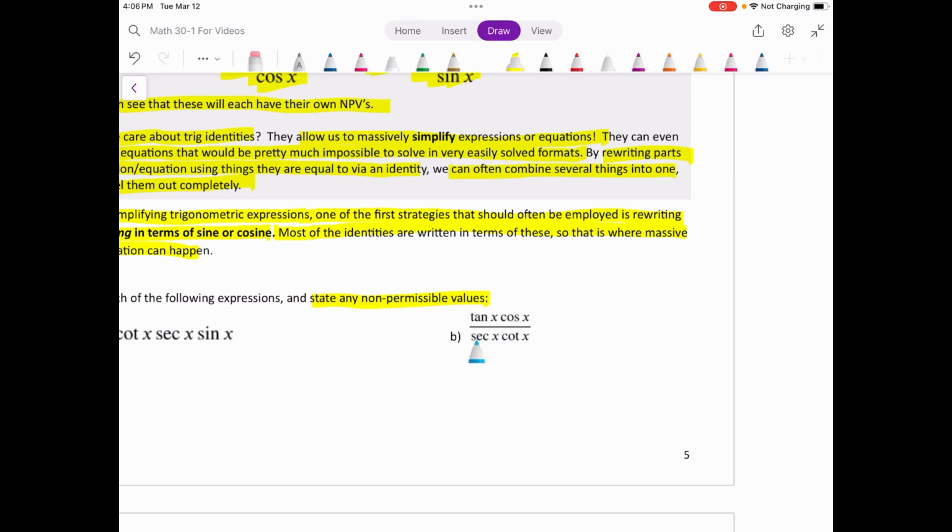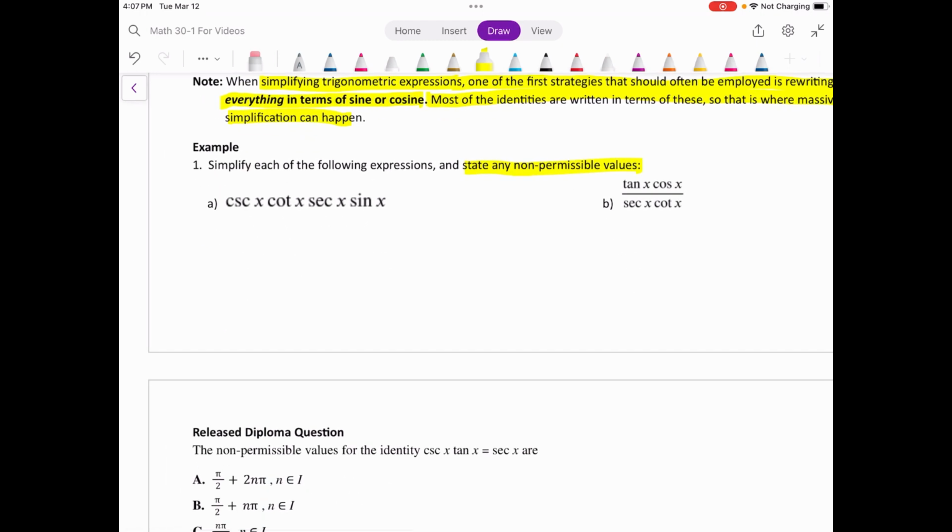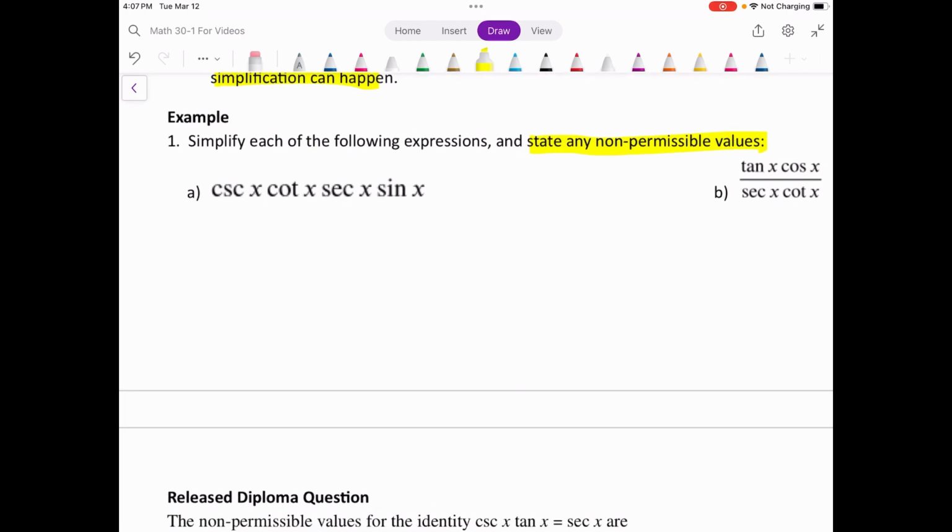For example, here, secant x is not allowed to equal 0, so whatever values of x make secant x equal 0 are non-permissible values. Same here: whatever would make cotan x equal 0 is a non-permissible value because we'd be dividing by 0. The non-permissible values are also much easier to see when we write everything in terms of sine x and cos x to start out with.